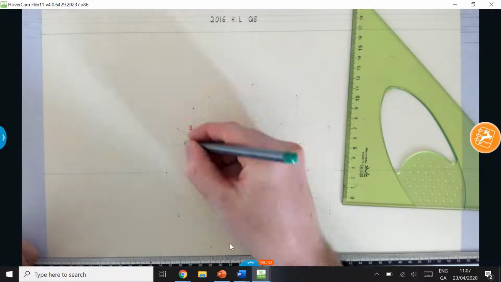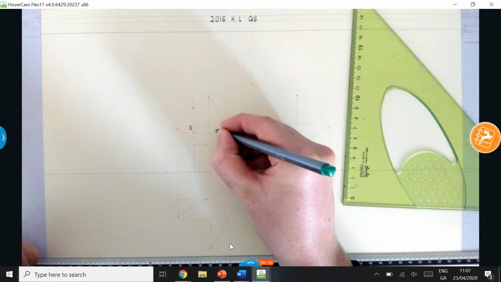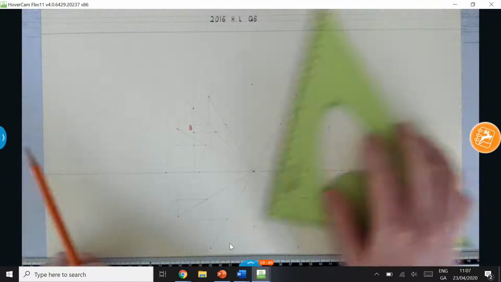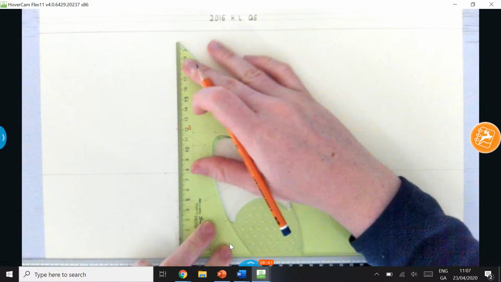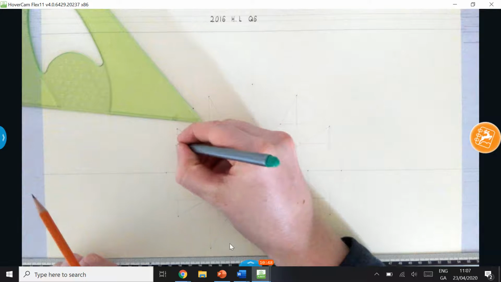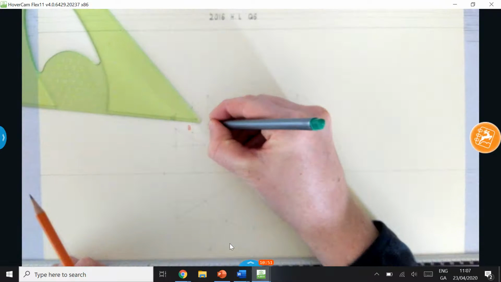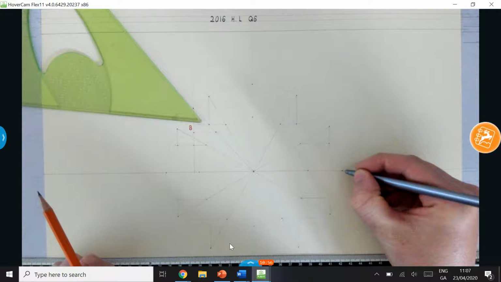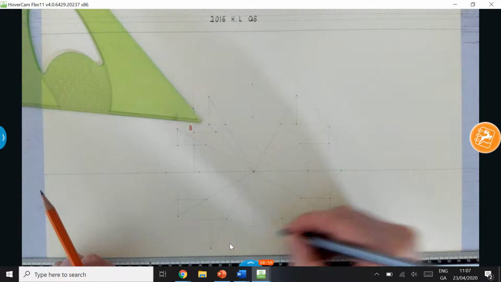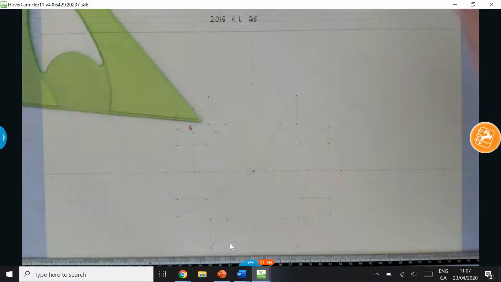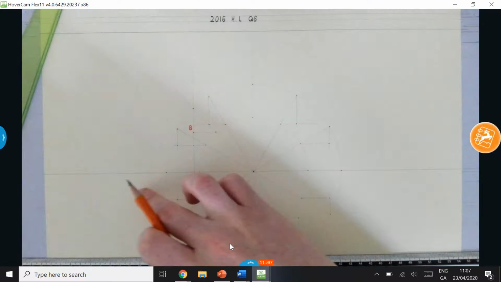And that is 1, 2, 3, 4, 5, 6, 7, 8, 9, 10, 11, 12, 13 points on our ellipse. If we have the flexi curve at home, we can draw this ellipse using that. If we don't, we can just freehand sketch it.